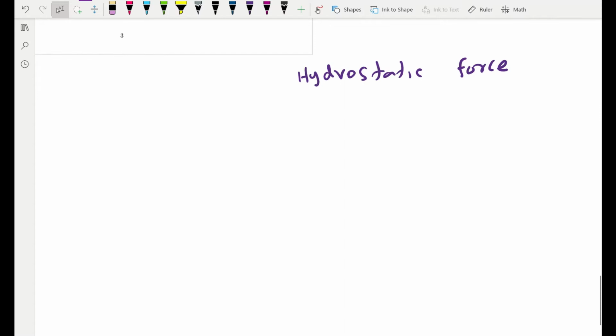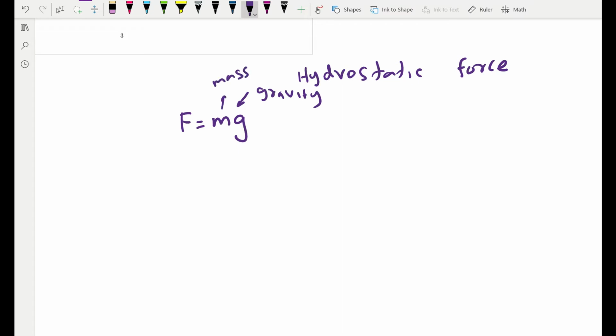Right. To get started, we start with Newton's second law. So F is equal to mg. G is gravity, m is mass.